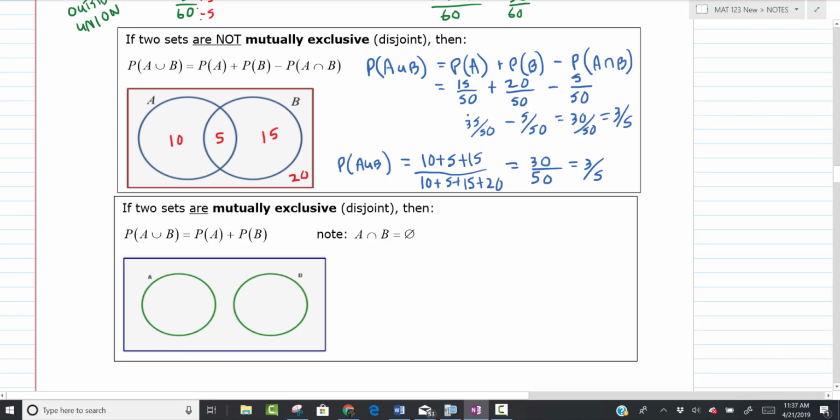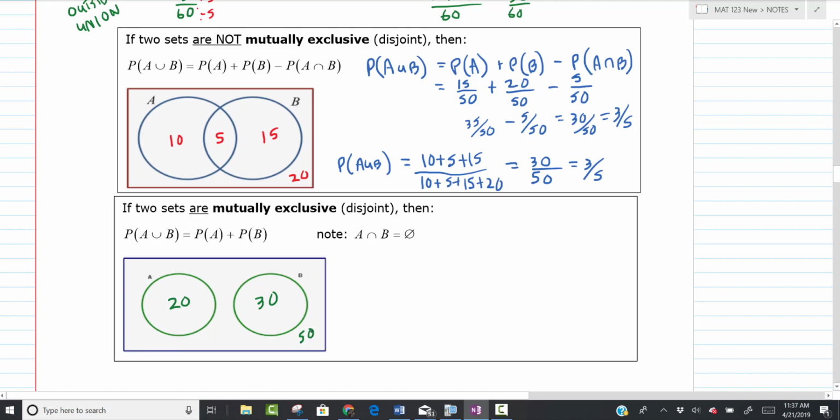Now what happens if the events are mutually exclusive, which they certainly can be? Mutually exclusive or disjoint sets just means that the intersection is empty. So these two sets don't have an intersection. Let me explain how this would work. Let's say here we have the number 20, say that's 30, then outside is 50.